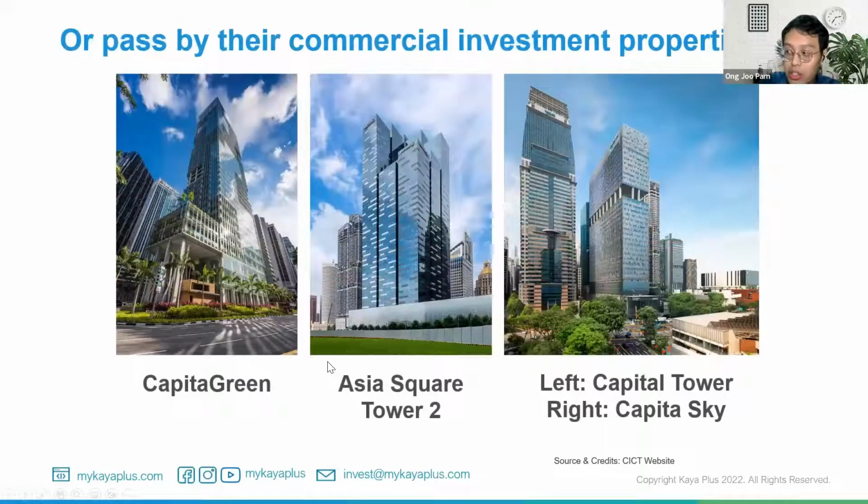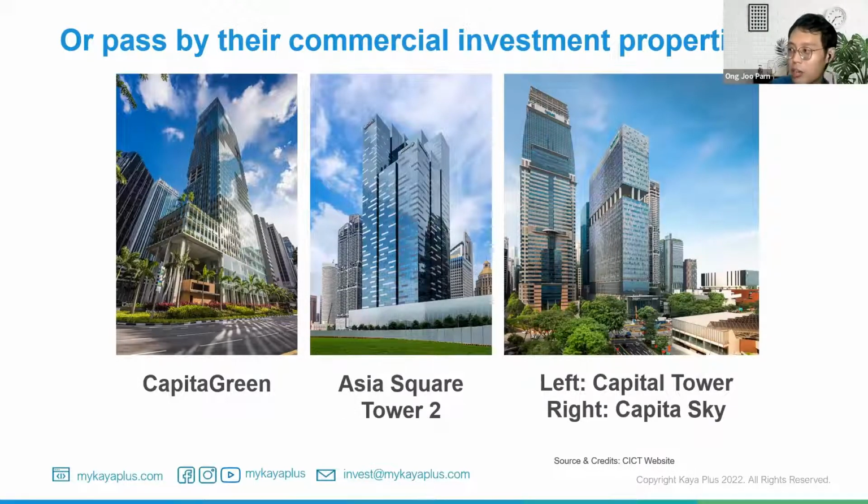Of course, Singapore is a very small country. When you travel around or take public transport or Grab, going past the central business district area, the CBD area, you come across a lot of high-rise buildings and skyscrapers, right? So they are also part of CICT's portfolio, right?